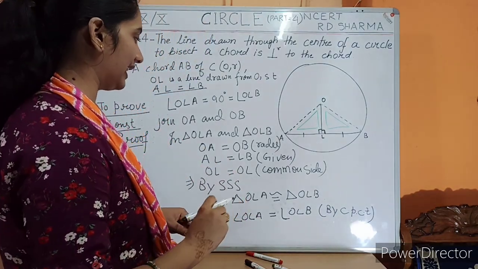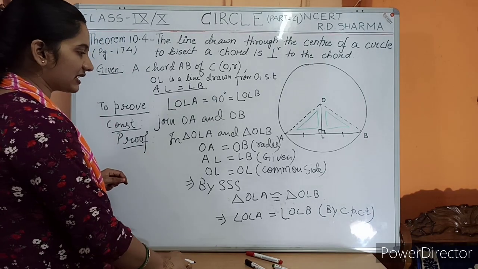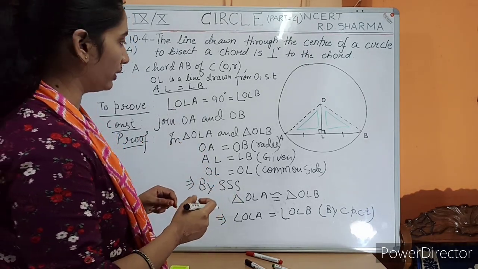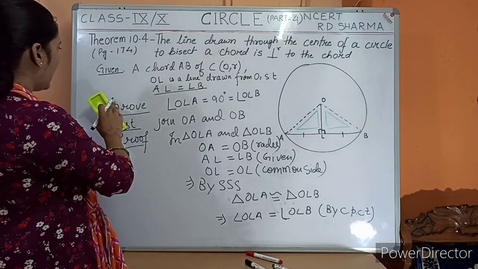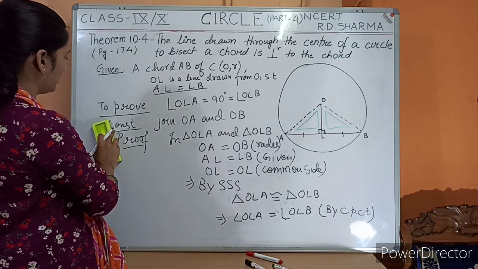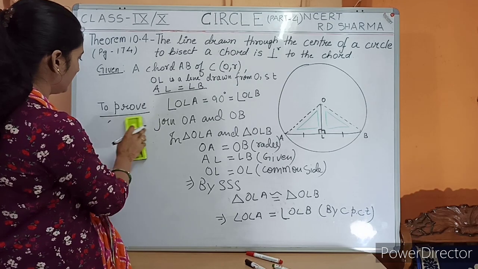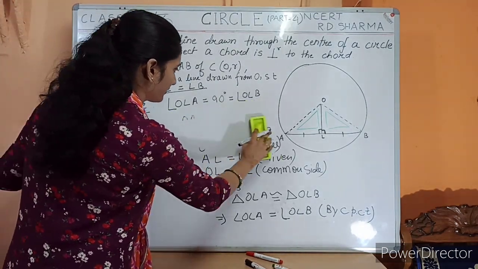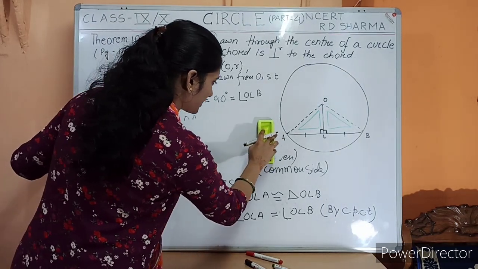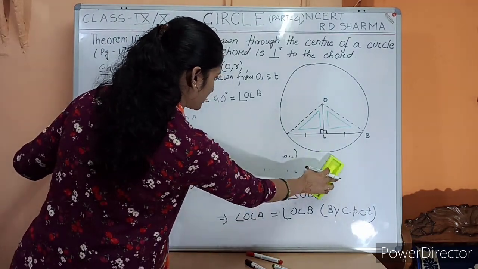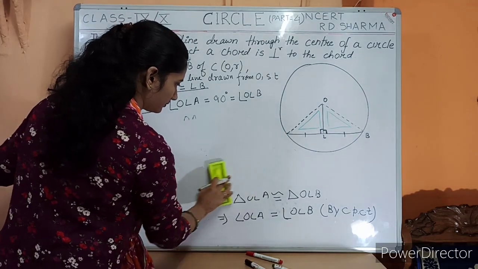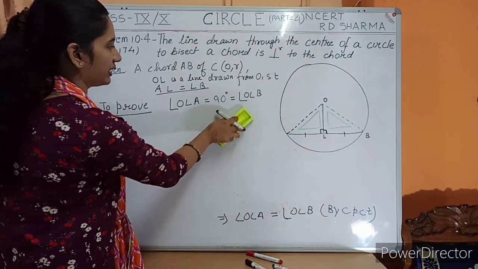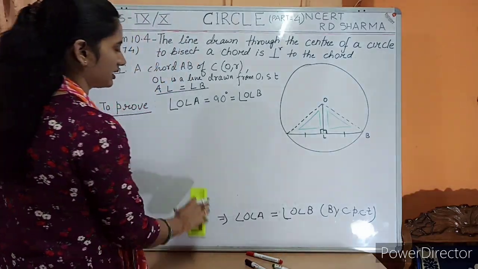So let us see that. For that I need some space. If you want to note down, you may pause the video and note down. I'm just rubbing out the construction and this proving part. You can note down by pausing the video, because only half of the theorem has been solved till now.